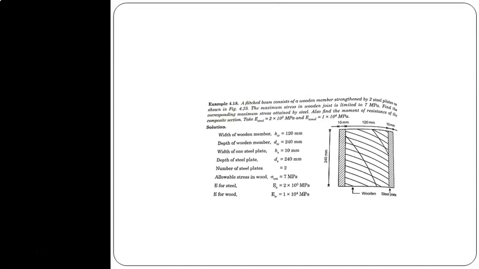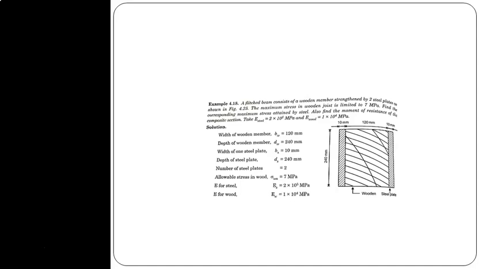The maximum stress in the wooden joist is limited to 7 megapascal. Find the corresponding maximum stress attained by steel. Also find the moment of resistance of the composite section. Take E steel equal to 2 into 10 power 5 MPa. Then E wood is 1 into 10 power 4 MPa.